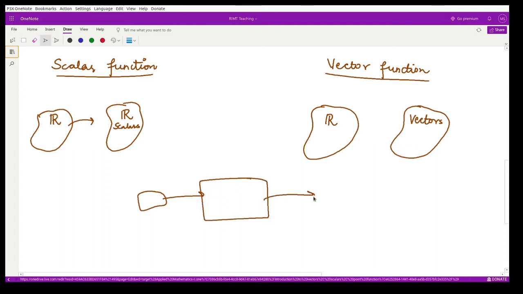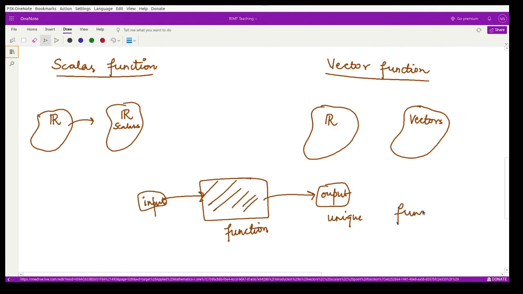Then you obtain a unique output. If you obtain a unique output, that machine is known as a function. So you have some input here, you pass that input to this function, so you get a unique output, so that is a function. Now what is a scalar function? What is a vector function?